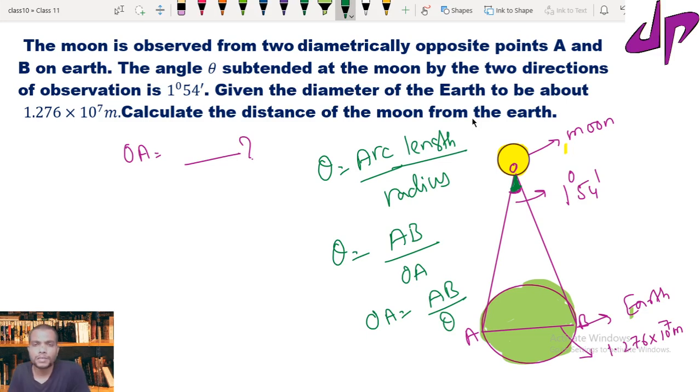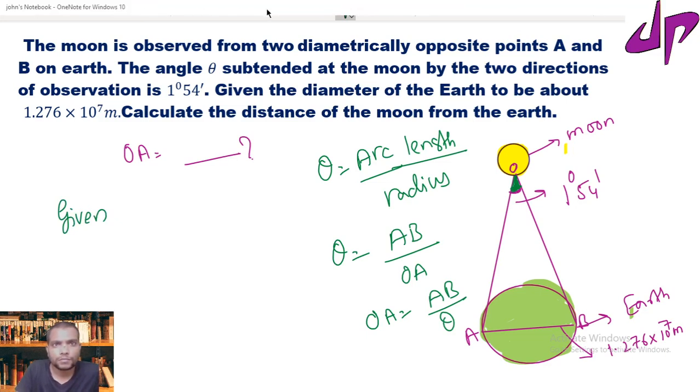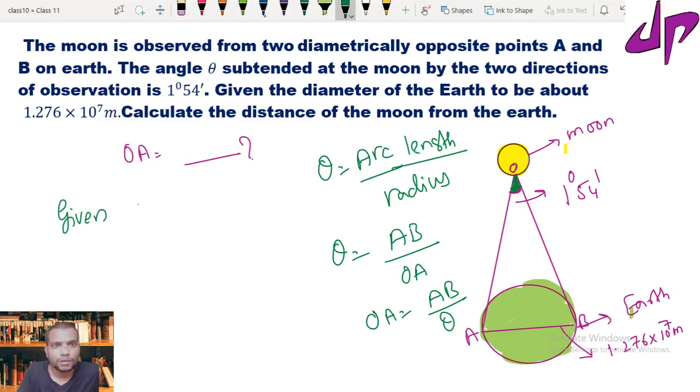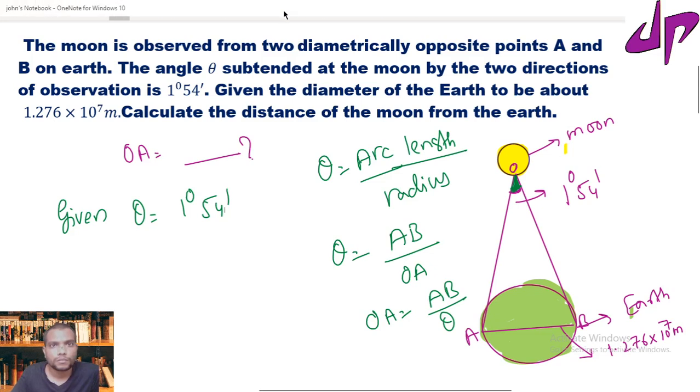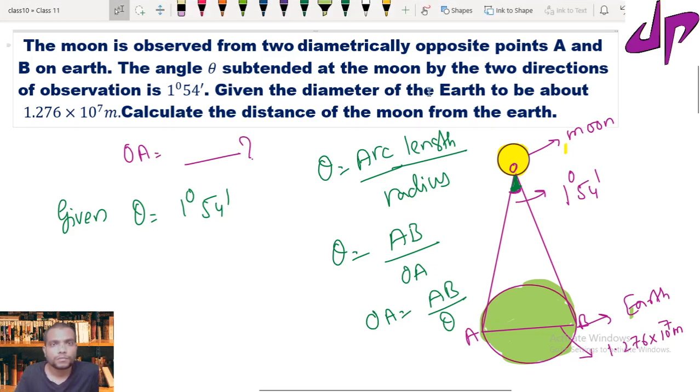AB is given in terms of meter, and we need to find theta in terms of radians. So given that theta equal to 1 degree 54 minute. Now we need to convert this degrees into radians.